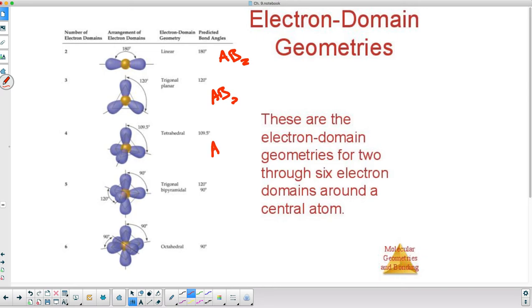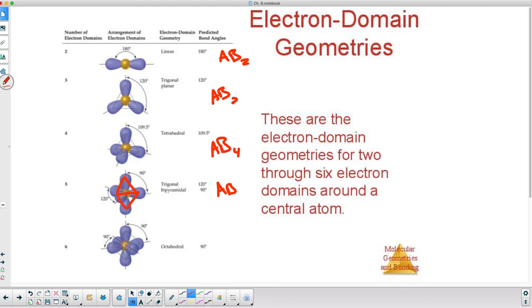This is tetrahedral. This is AB4, and the 4 means 4 electron domains. AB5 is trigonal bipyramidal. Trigonal means a triangle, and bipyramidal means 2 pyramids attached by their bases, a pyramid on top and a pyramid on the bottom.